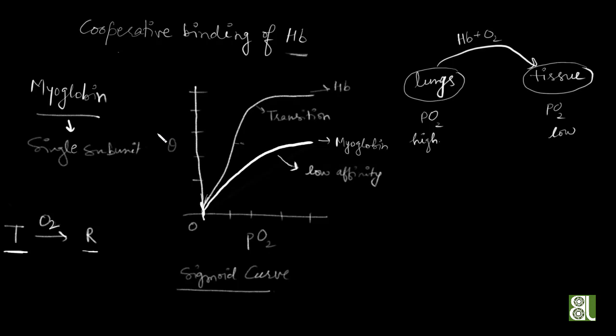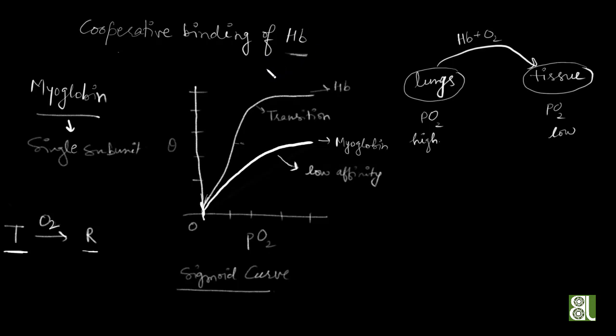We're looking for a protein with a sufficiently low affinity to release the oxygen in the tissue, and it would not pick up much oxygen in the lungs. So that is hemoglobin only. So it explains why hemoglobin is best suited for this function.